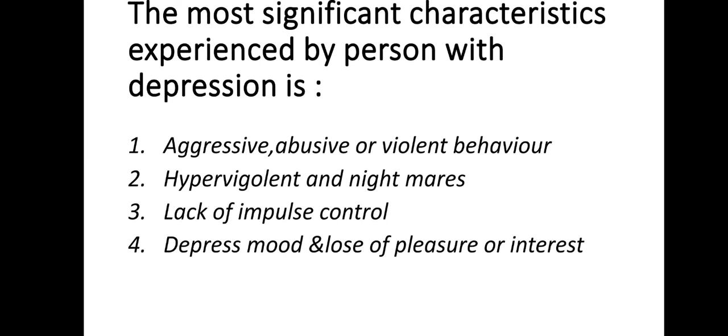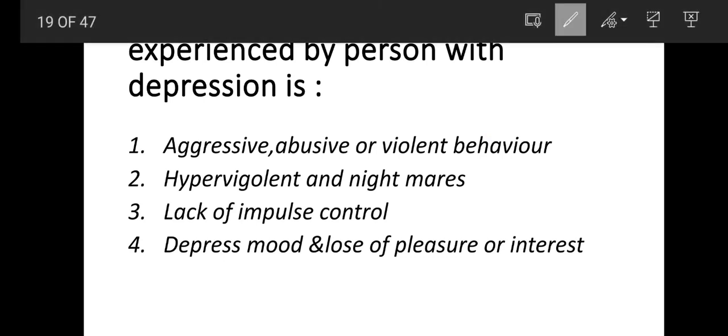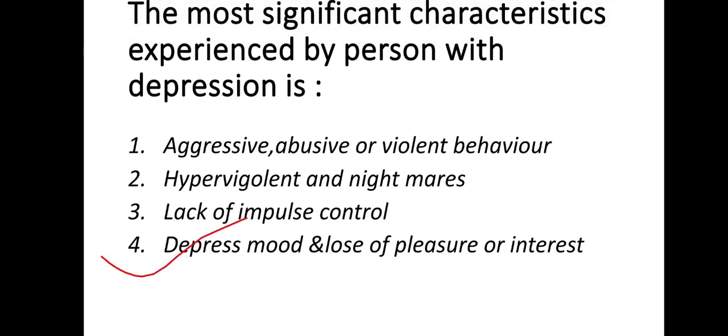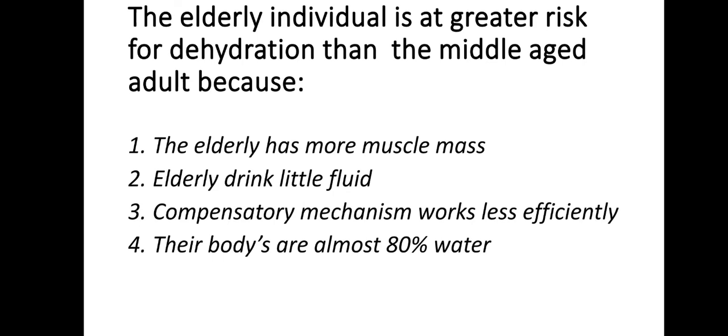Last option, depressed mood and loss of pleasure or interest. It is a direct question only. The significant characteristic of a depressive patient is the fourth option, depressed mood and loss of pleasure or interest, hopelessness.